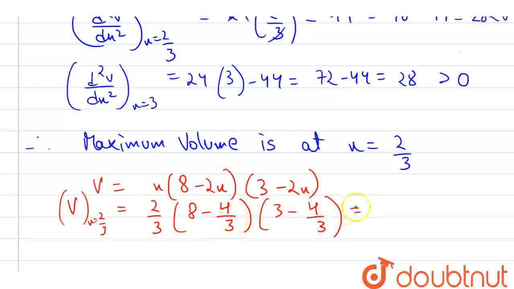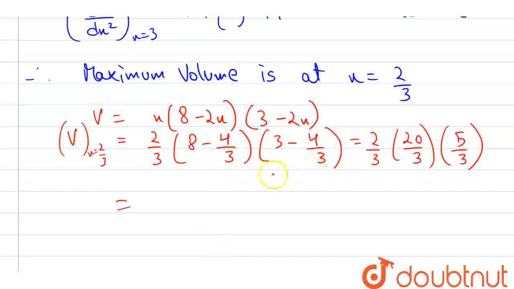So taking LCM, 2 by 3 into this gets 20 by 3, and this remains 5 by 3. So therefore by multiplying this we get 200 by 3 meter cube.